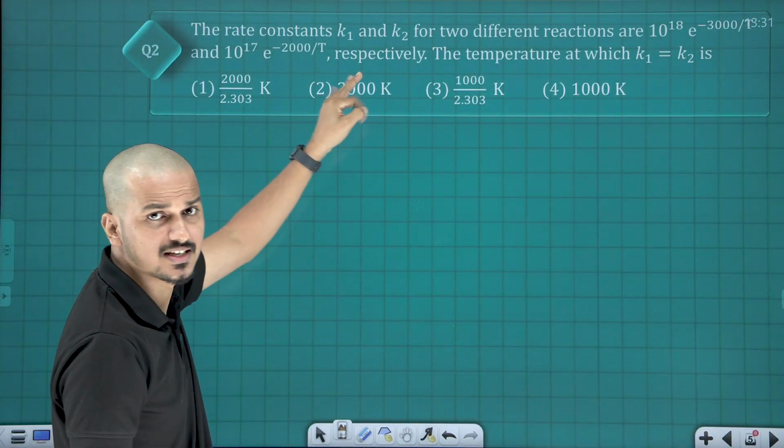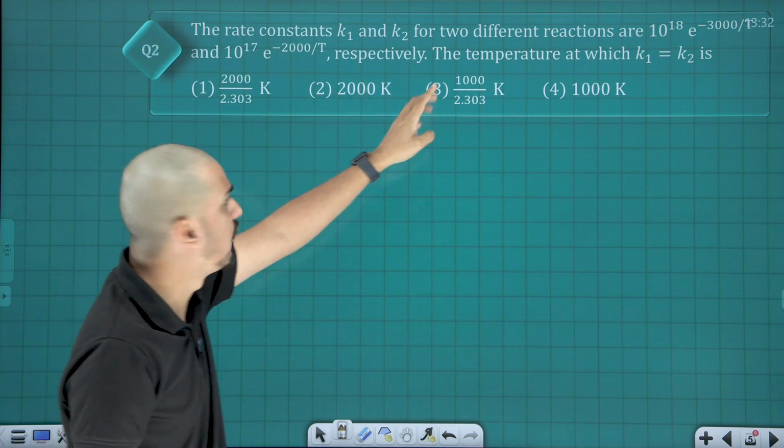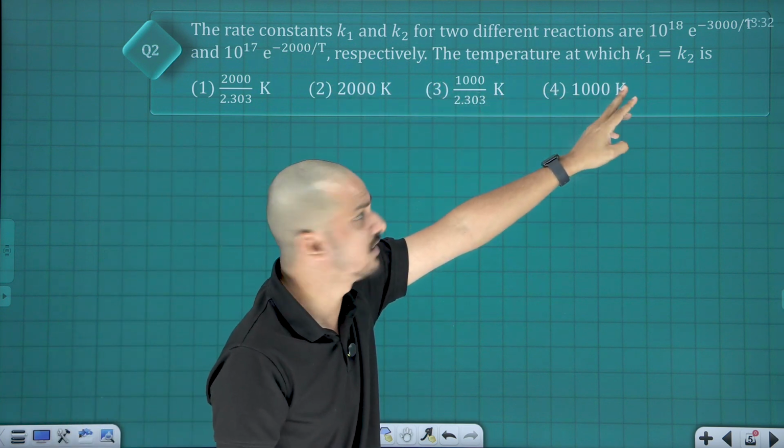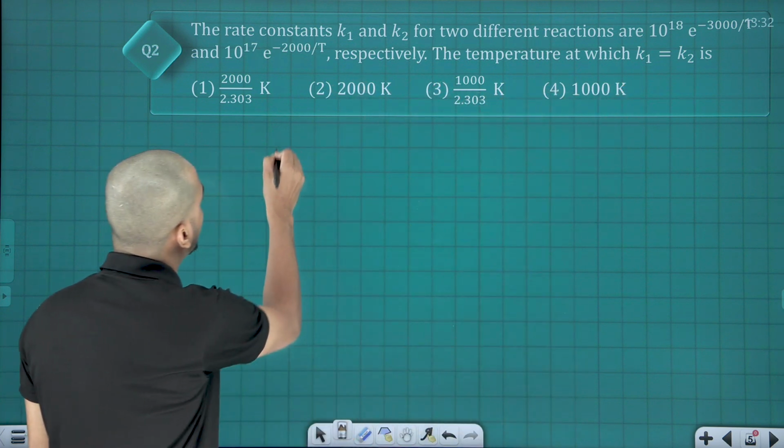The rate constants K1 and K2 for two different reactions are given.